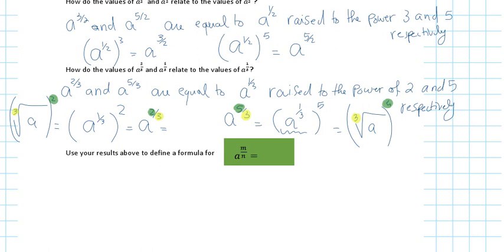Okay? So, if I see something that's written as a to the power of m over n, where does n go? n goes inside, in the root. So that's the nth root of a to the power of m.